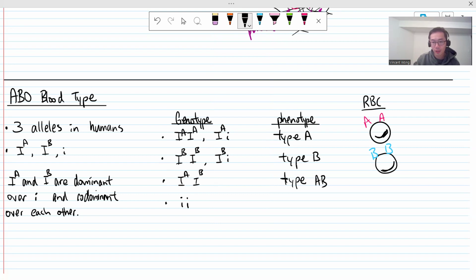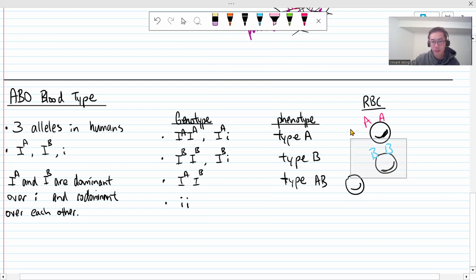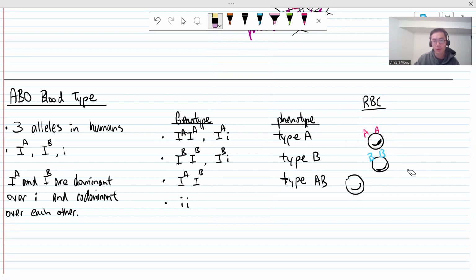So on the red cell, I'm sorry, it's not very clear here. Let me just make them smaller. Okay. So for the type AB blood, there is going to be both A and B on the surface. Little i means you cannot make A, you cannot make B. So if you don't have A and you don't have B, it's called type O. Okay.